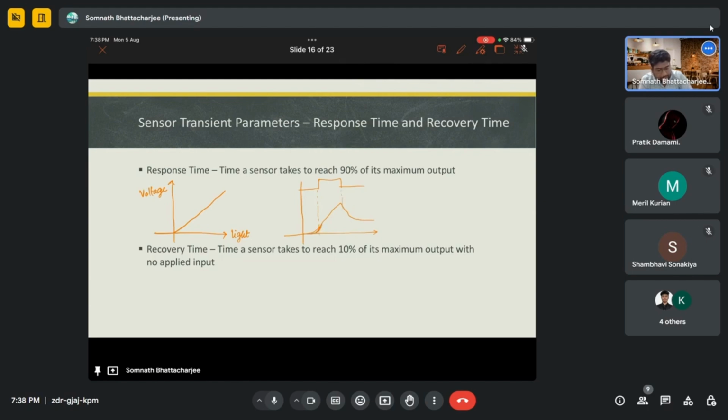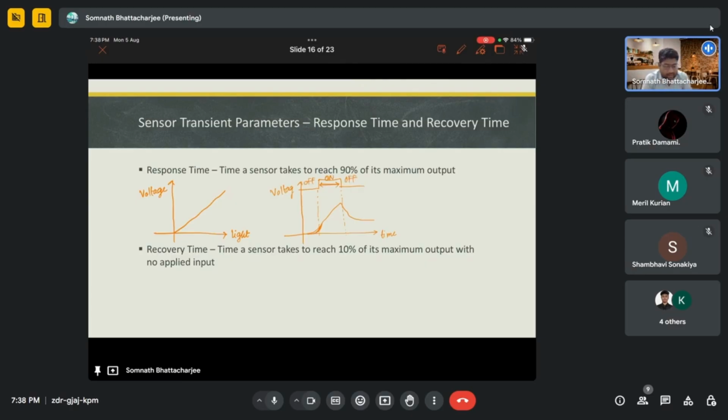So with respect to time, the value of voltage changes. Let's say this region is when the light is on, whereas in this region the light was off.